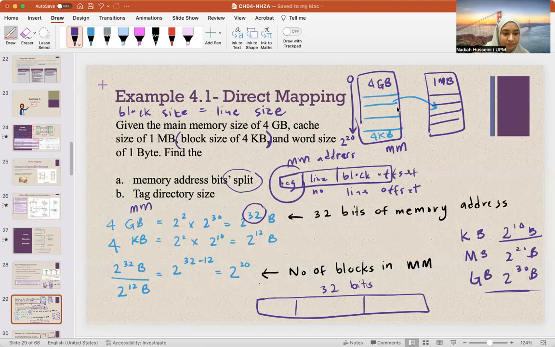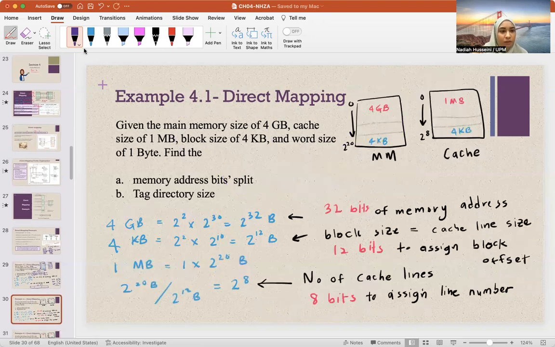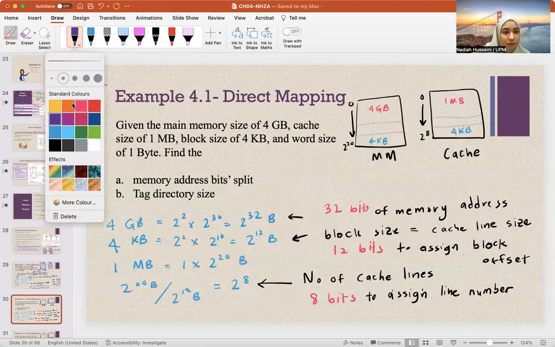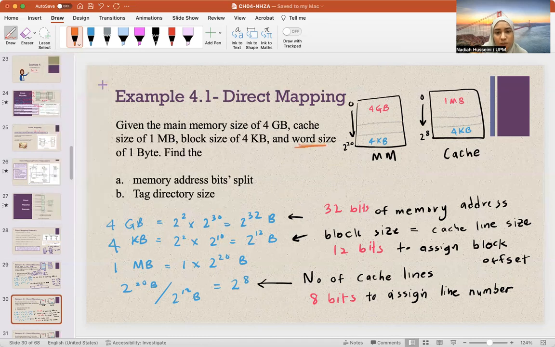Okay, so moving on. I need to use a different color. Okay, orange. So back to this. Now that we are trying to find the word size, okay, we have this information. We have not done anything yet to this information.